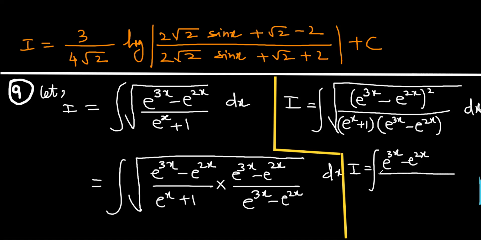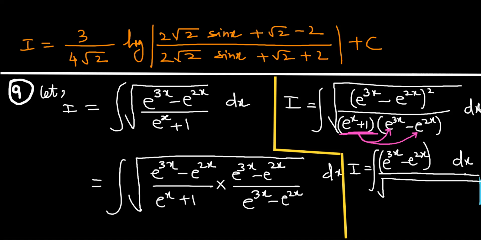In the denominator you will definitely get the square root, and these two brackets will multiply. So let's multiply: the first term, then the second term.